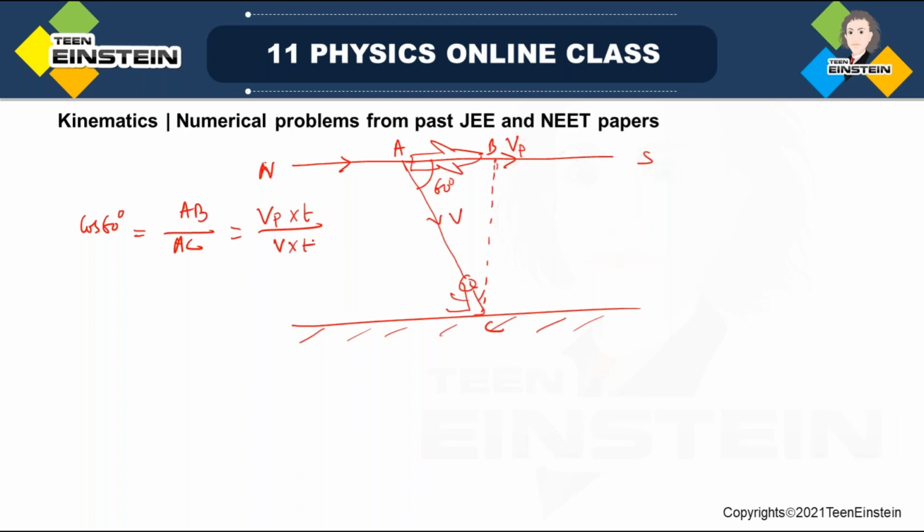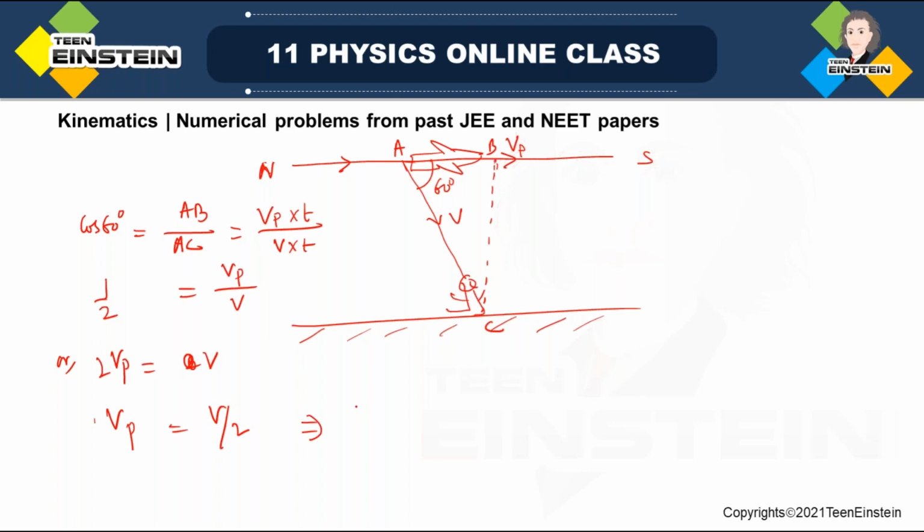So as we are doing, Vp by V is this. What is cos 60 degree? Cos 60 degree is equal to half. So what do we get? Vp is equal to 2 into V. Oh no, 2 Vp is equal to V. So Vp is equal to V by 2. V is the velocity of the sound.